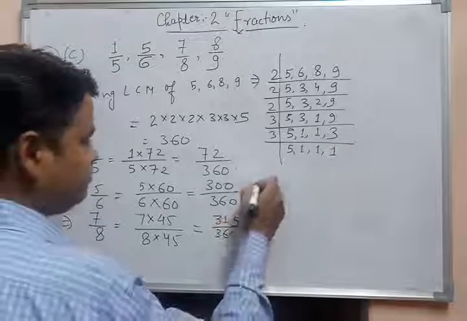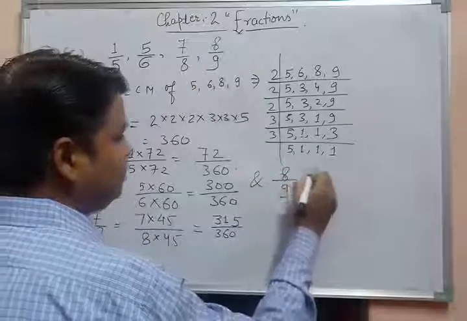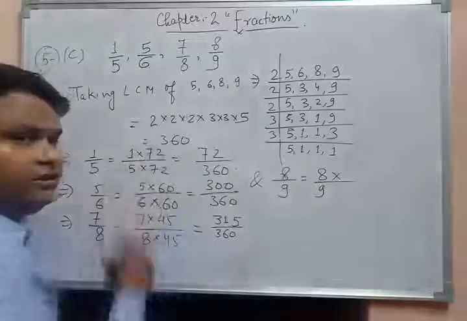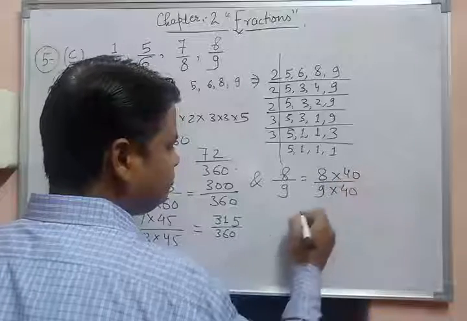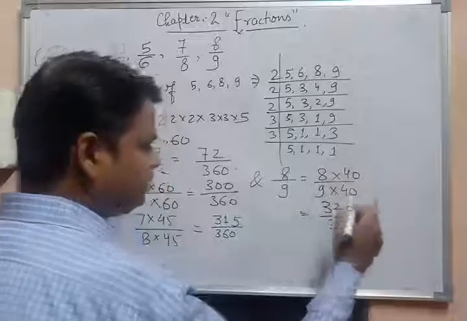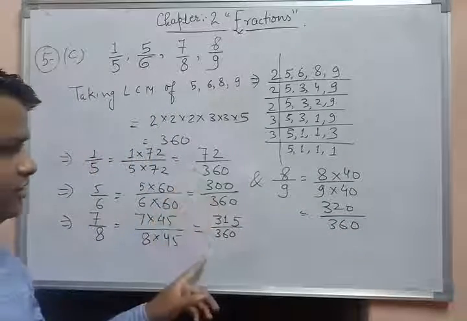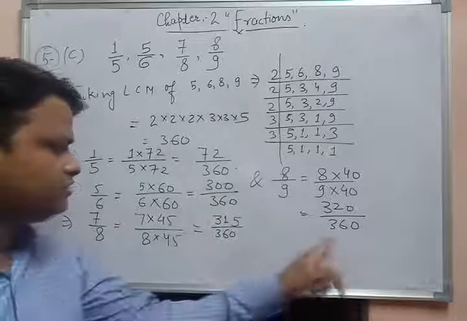Now the next one is 8 upon 9. 360 divided by 9 is 40, so 8 into 40 is 320, and 9 into 40 is 360. Now students, look carefully. All the fractions have the same denominator: 360 here, 360 here, 360 here, and 360 here.